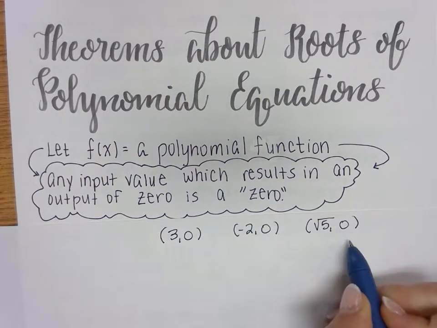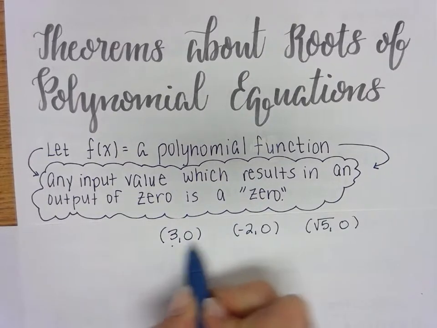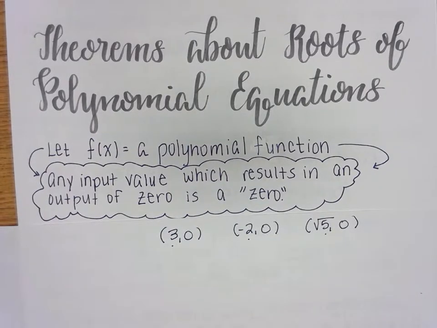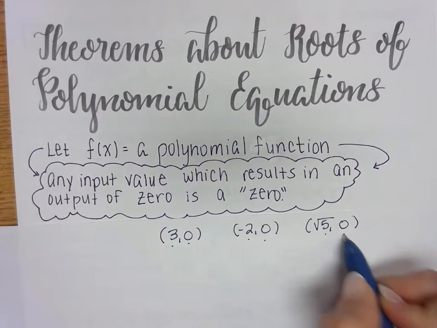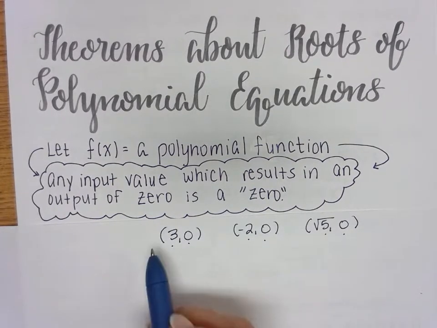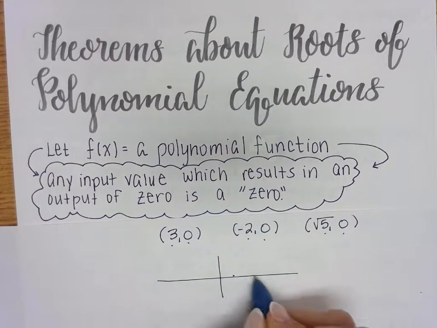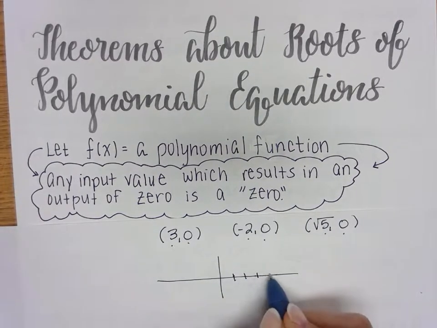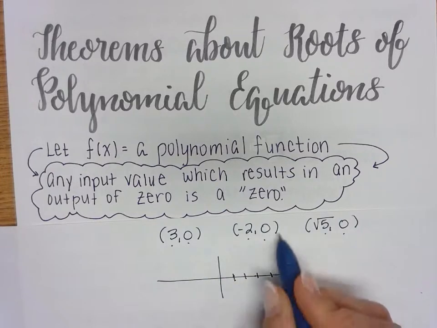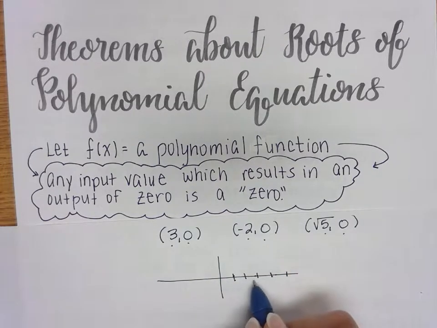They all have a y value of 0. Your input is always the x value, and your output is always f of x or y. So those are all going to end up equaling 0 in order for it to not move off of your x-axis. 0 implies 0 movement above or below, up or down, off of your x-axis.